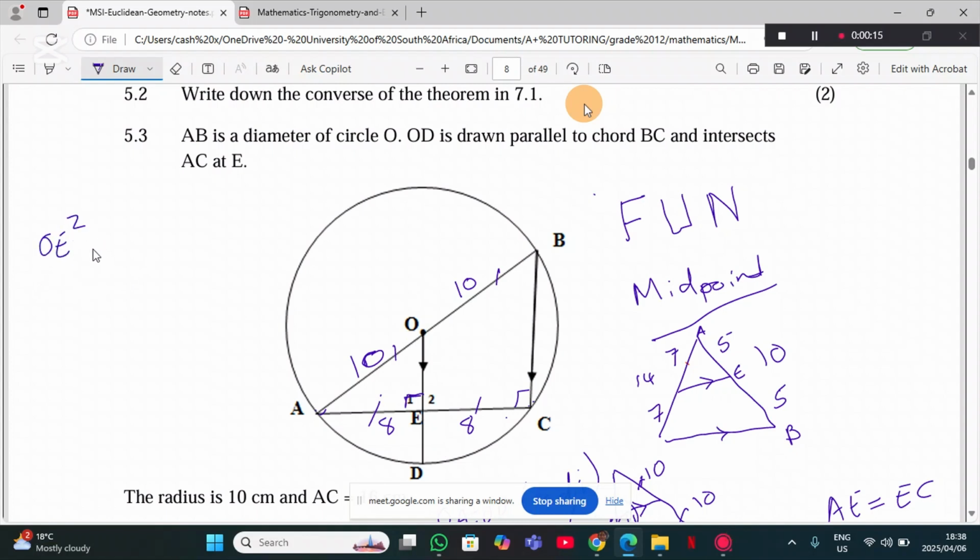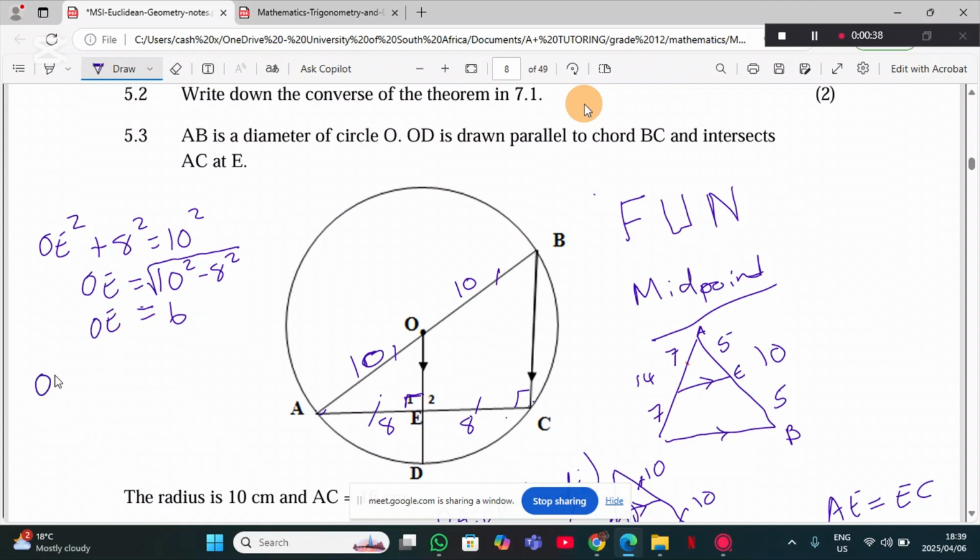OE squared plus 8 squared is equal to 10 squared. What will OE be? 10 squared minus 8 squared is 36. Root of that is 6. So OE is 6.